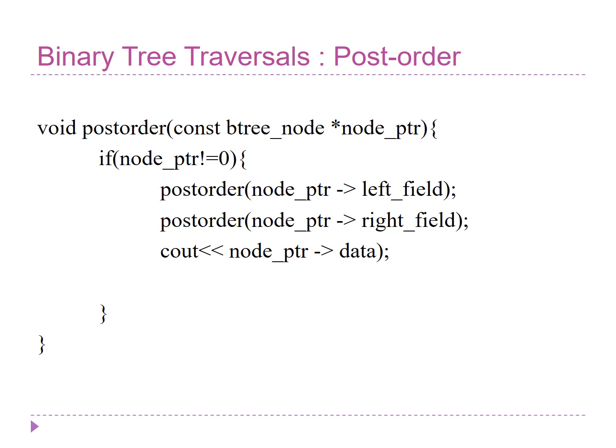Similarly, the post-order traversal function receives the root node as input as well, processes the left subtree recursively, followed by the recursive call to the right subtree, then processes the root.